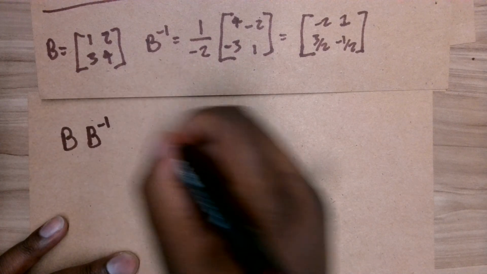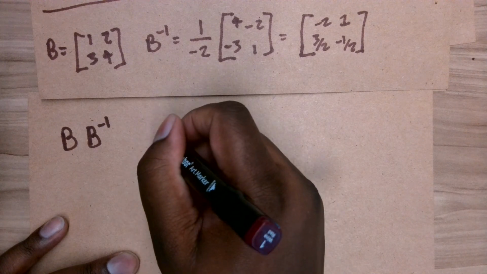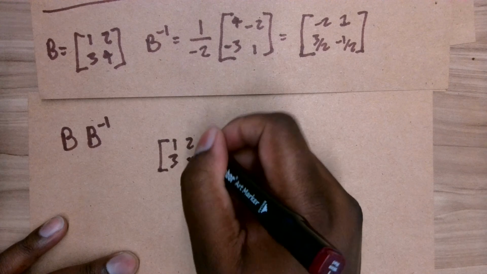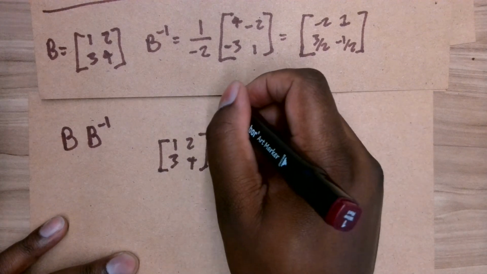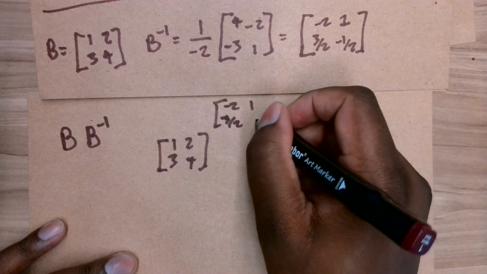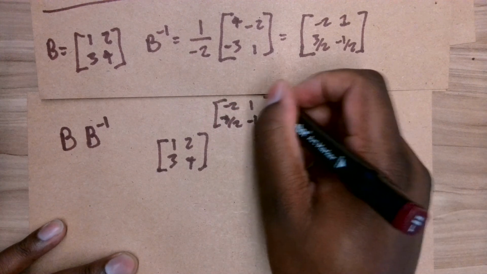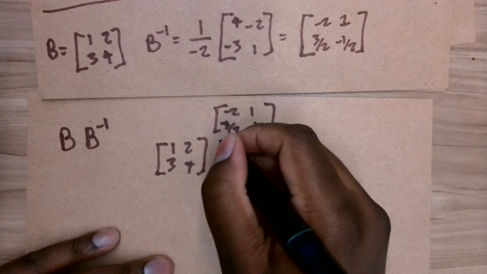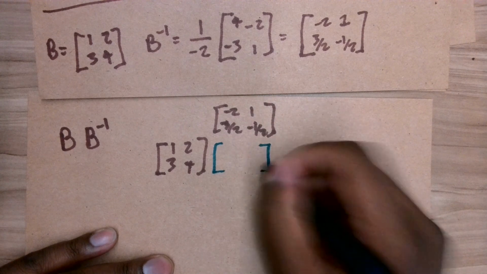I sure hope this works, because it'll be messed up if it doesn't. So we've got 1, 2, 3, 4, and we're going to multiply it by -2, 1, 3/2, -1/2. I'm going to go one at a time and take it real slow, because I want to make sure I get it right.